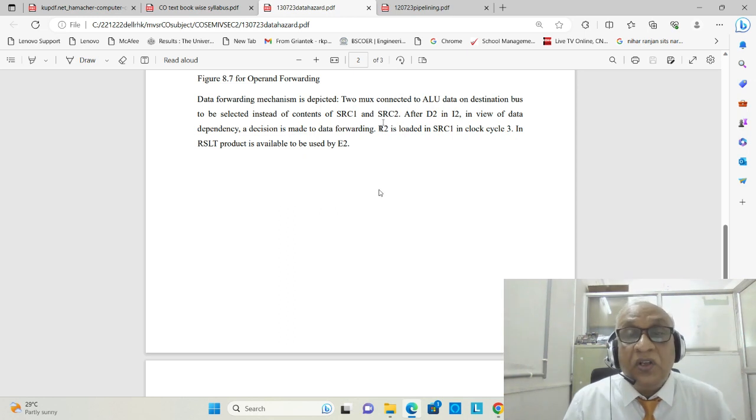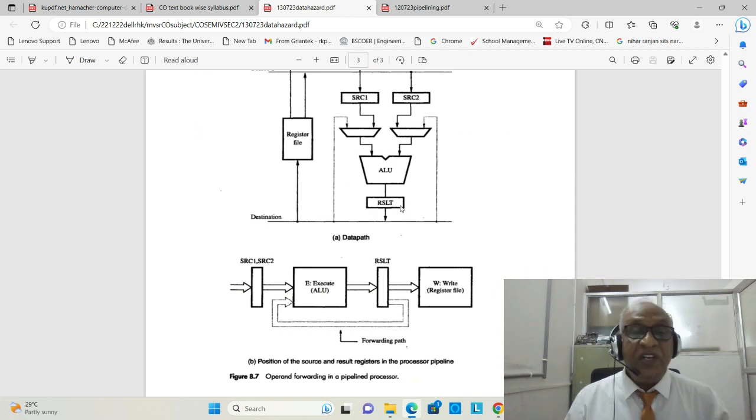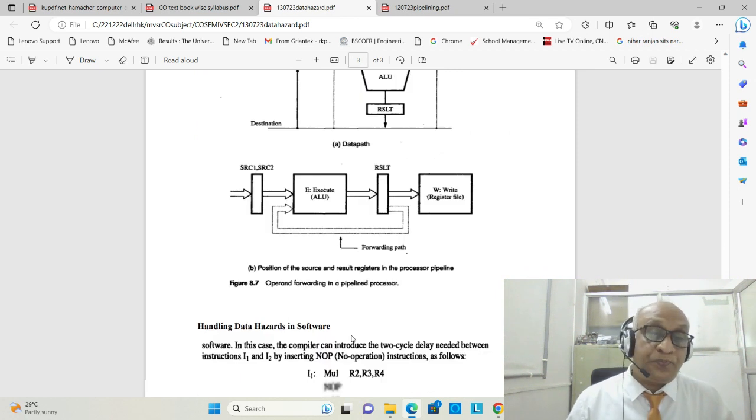Hence, R2, which does not have any dependency, is loaded in source 1 in clock cycle 3, while in result the product is already available and will be taken by execute 2. Hence, this diagram explains operand forwarding, a mechanism to overcome data hazard in pipelining.